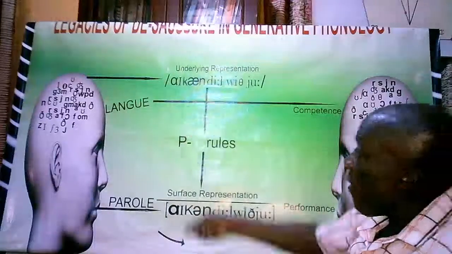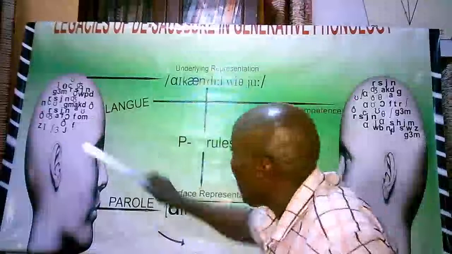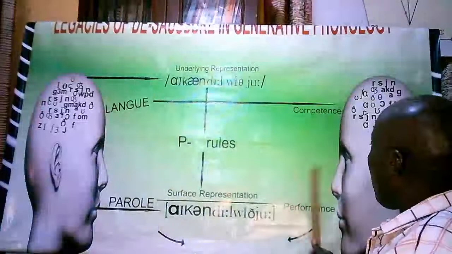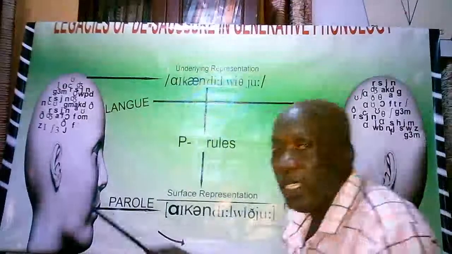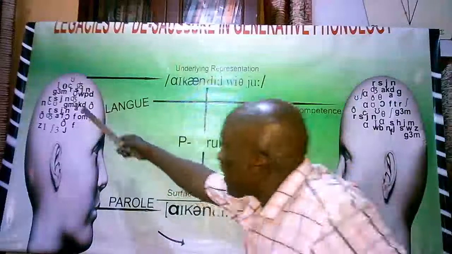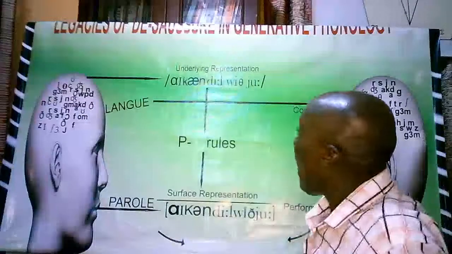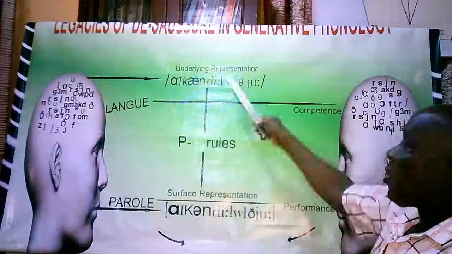You have all the vowels present in your memory, you have all the consonants present in your memory, and when you speak, for instance, take these two heads representing interlocutors, when this one picks certain sounds here, a particular expression is constructed.